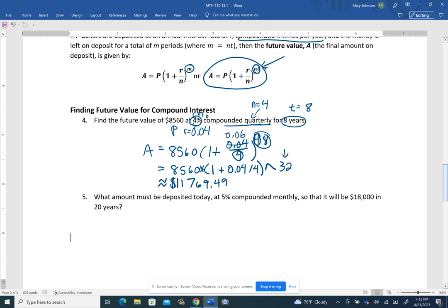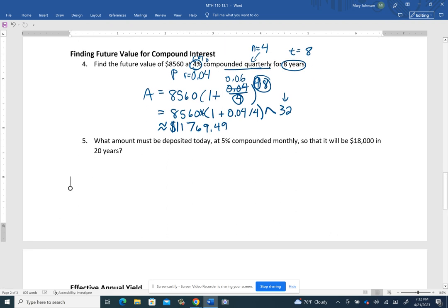All right. On number 5, we're reversing the process. So we're starting with knowing how much we want to have after a certain number of years. What amount do we need to deposit today at 5% compounded monthly so that it will become 18,000 in 20 years? You do this kind of thing if you're trying to save money for a wedding or for your kids to go to college or something to that effect.